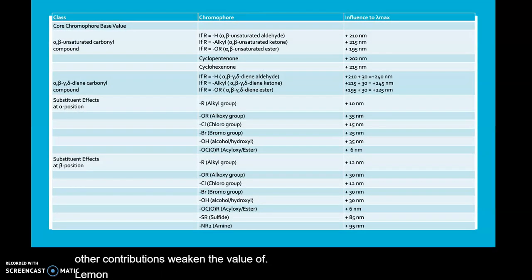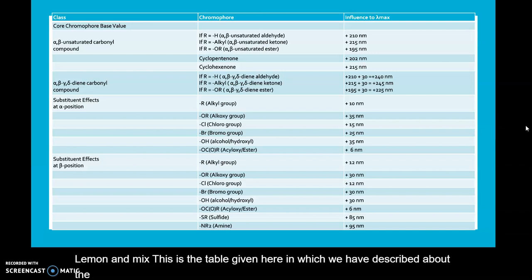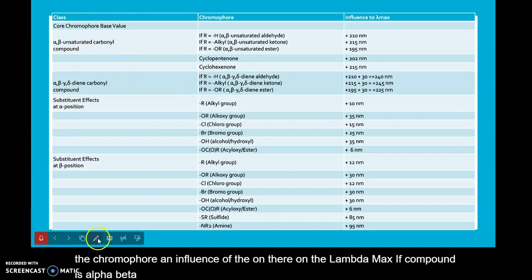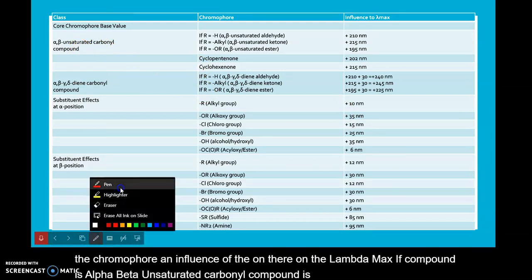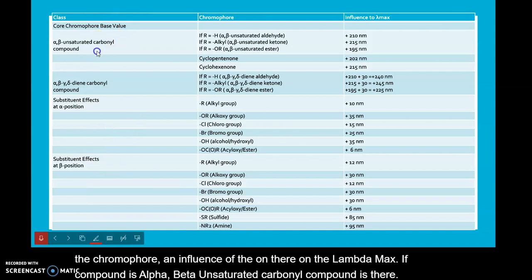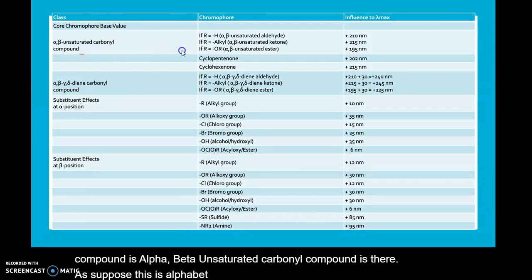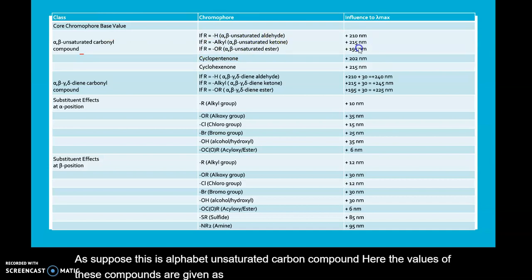This is the table given here in which we have described the chromophore and its influence on the lambda max. Suppose this is an alpha beta unsaturated carbonyl compound, the values of these compounds are given as 210, 215 and 195.